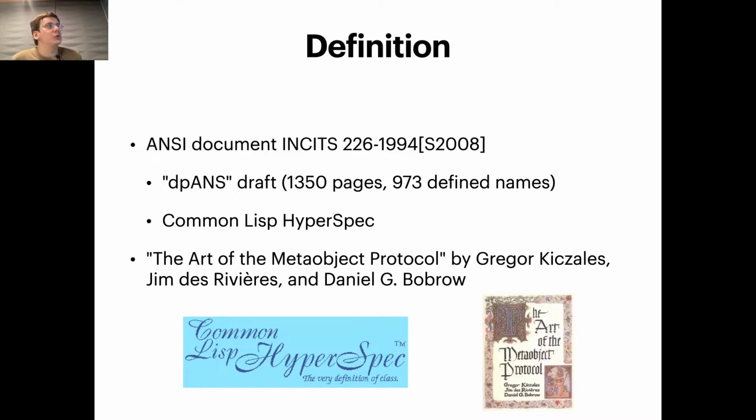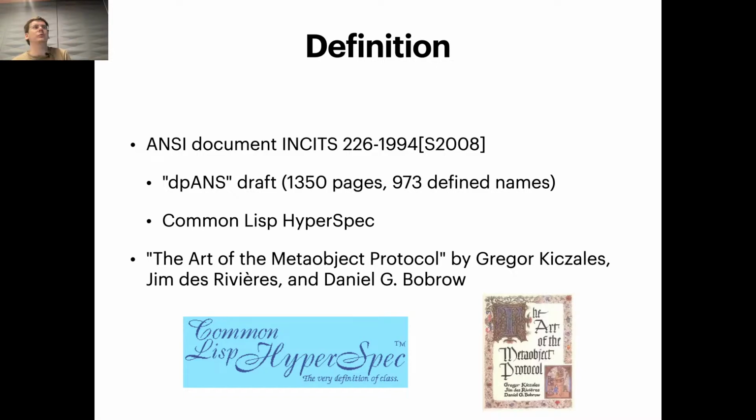Then the ANSI document doesn't really fully define the language, so there is also the book called The Art of the Meta Object Protocol. I don't think I brought it with me. So this is the de facto standard for the thing called Meta Object Protocol, which allows you to expand the language further.